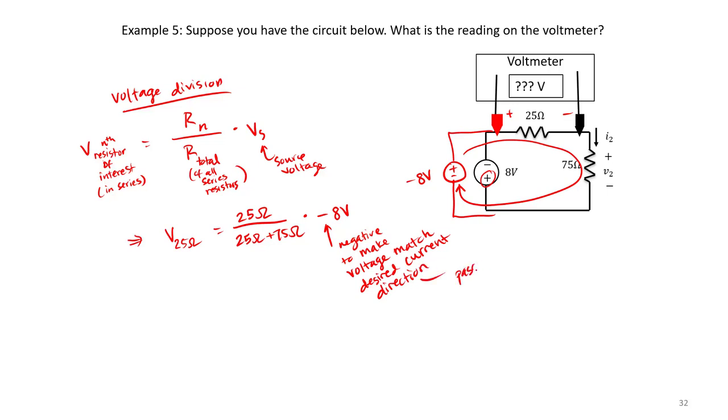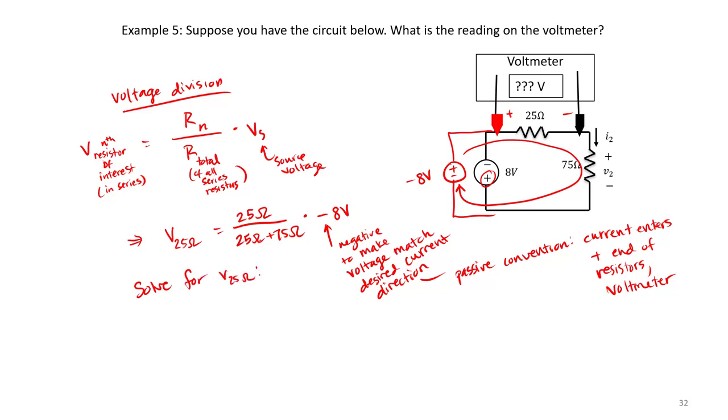Remember, by the passive convention, we want the current to enter the positive end. Okay, so we go ahead and solve for our voltage.